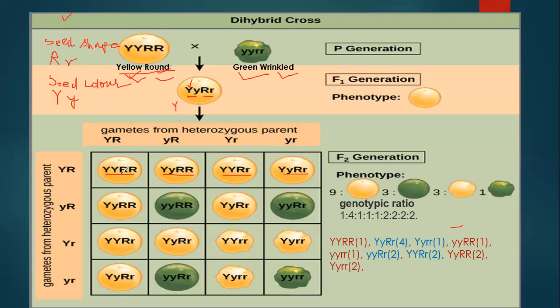If exactly the same type is obtained more than once, then we write it as 2, and for these four, we write 4. So you have different types of genotypes which will be obtained. Now, I have told you how to draw the Punnett square.